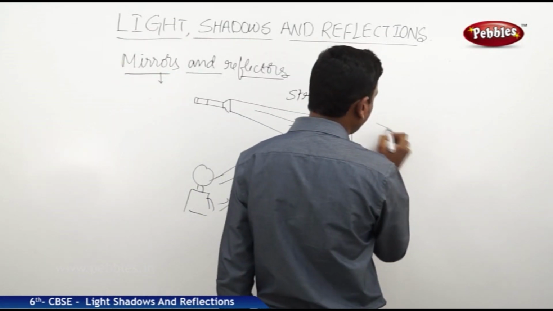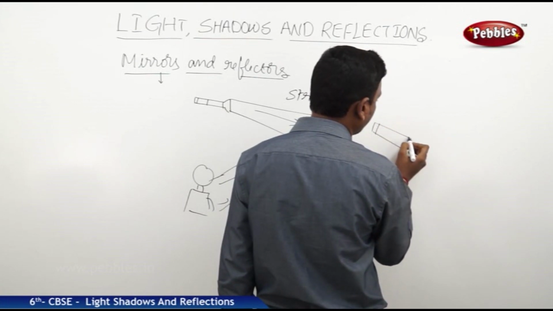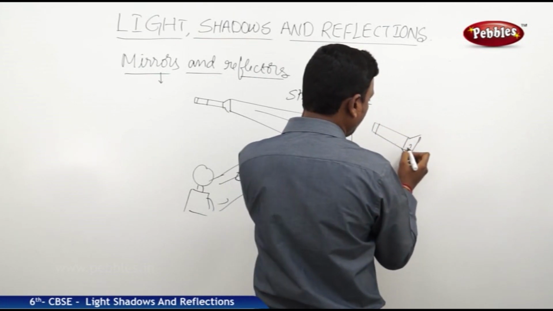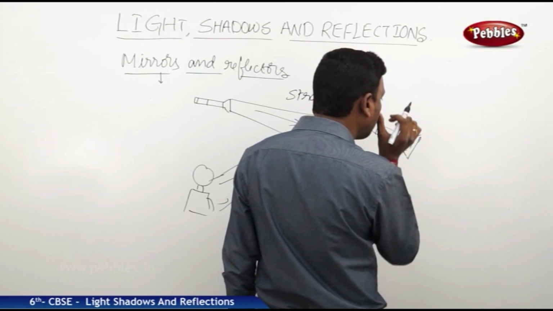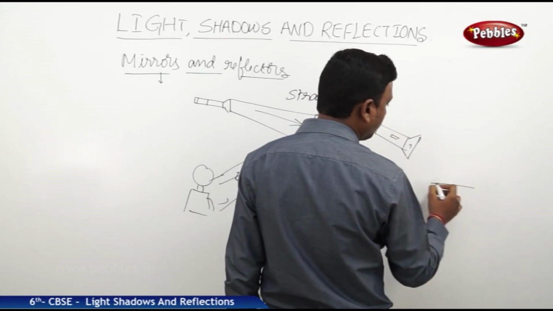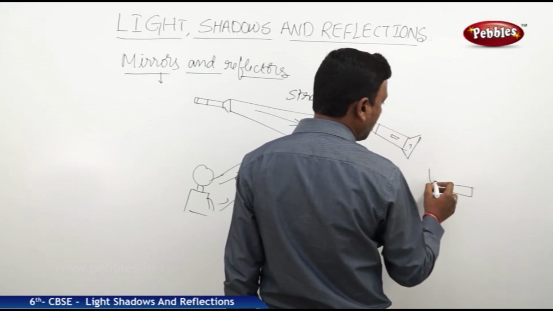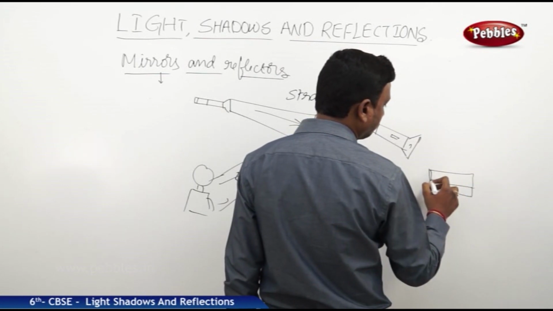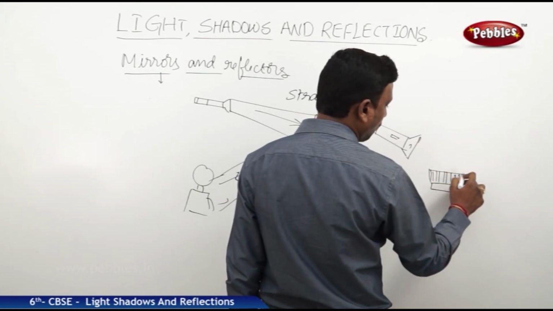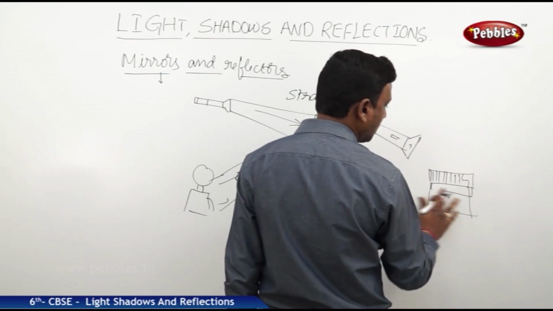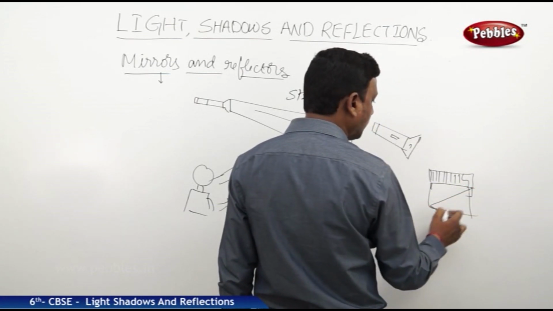You can take a torch. You can focus the light onto a cardboard, where you have kept one comb. You kept a comb over here. So on this board you kept one mirror.